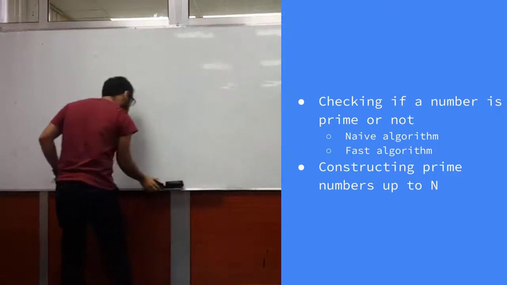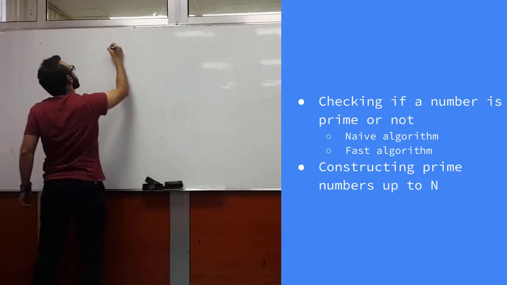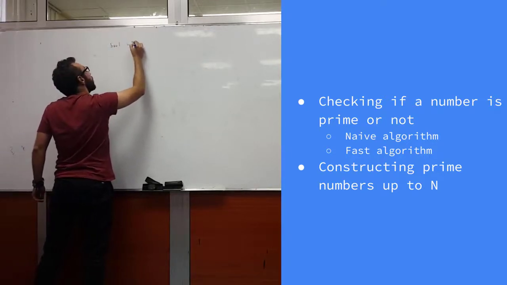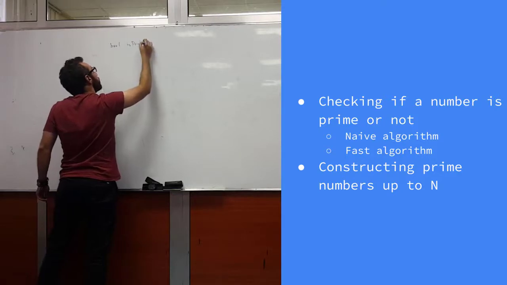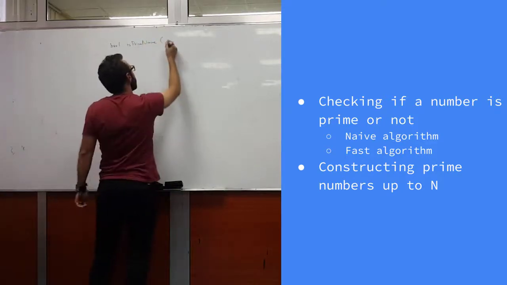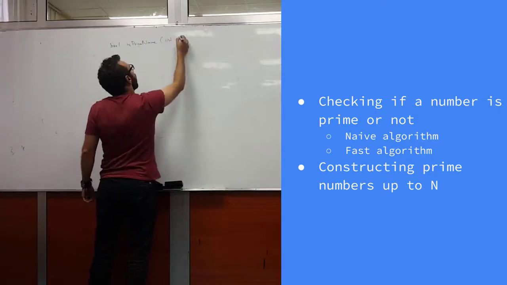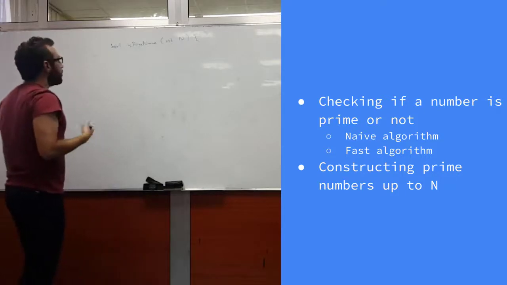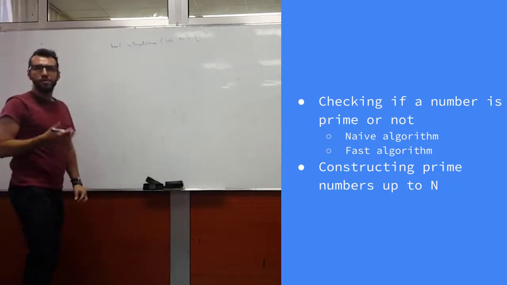We can have one for loop. Let's say our function is Boolean is prime, let's say it's prime naive. And obviously we are getting an integer as a parameter, let's say it is n. And in the end we want to decide whether this number is prime or not.